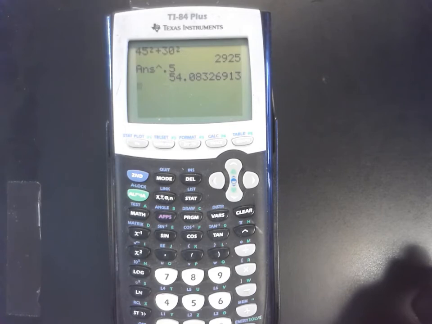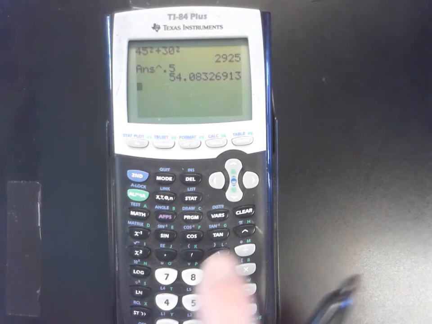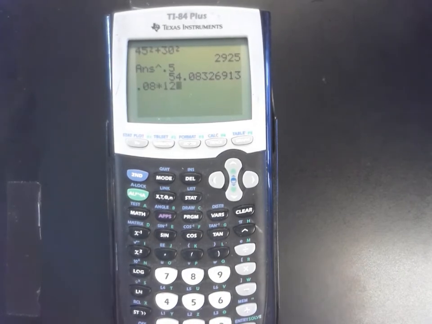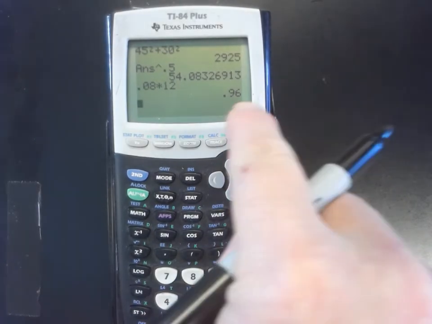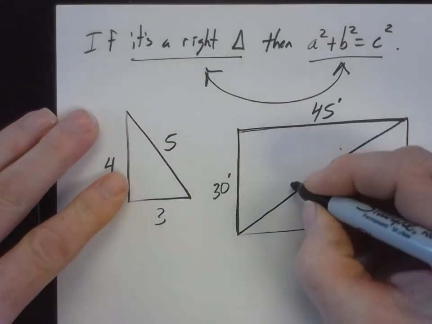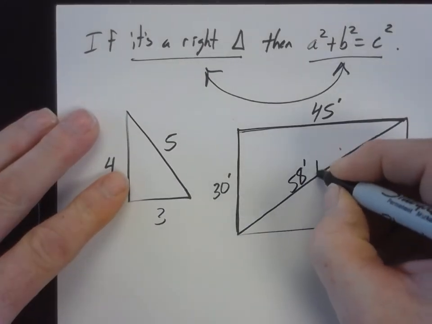Anybody know? It's 0.08 twelfths, so it's almost an inch. 58 feet 1 inch. Okay? So 58 feet 1 inch.